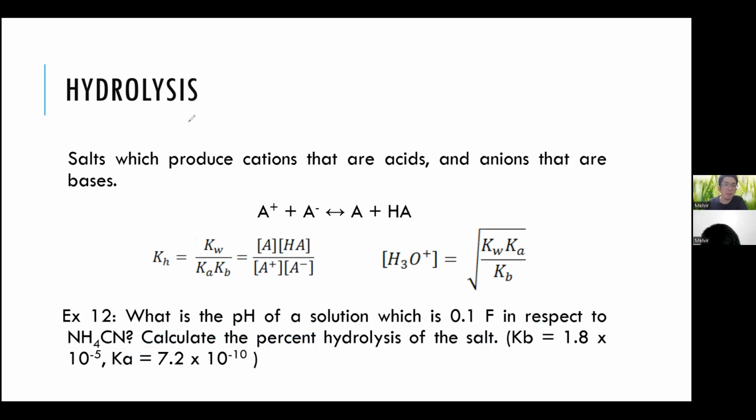So, salts which produce cations that are acids and anions that are bases. If you notice here, there are two of them. You have an A plus that will act to form a base, and an A minus that will form its weak acid.